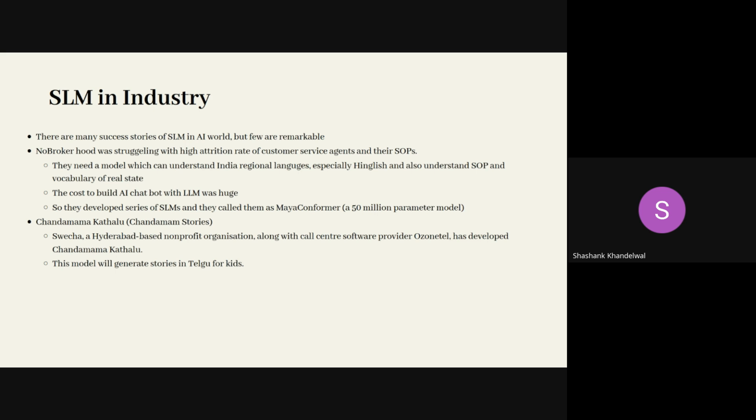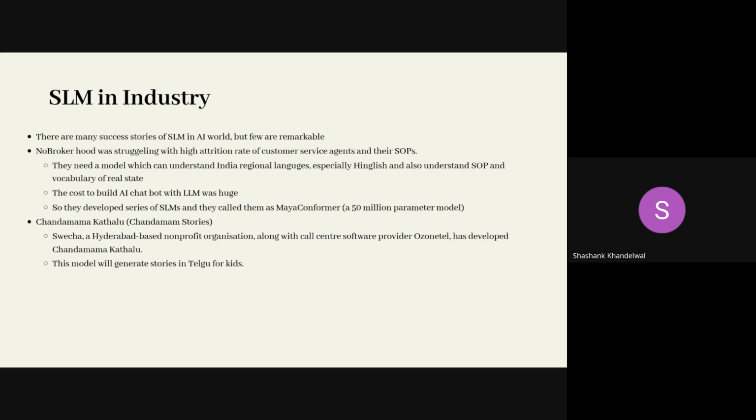This model can also deal with English, easily understand SOPs and interact with the customer. So now they are saving a lot using this model.